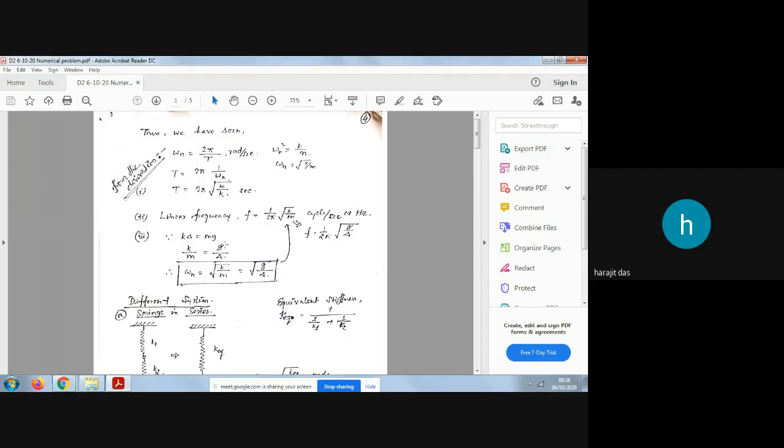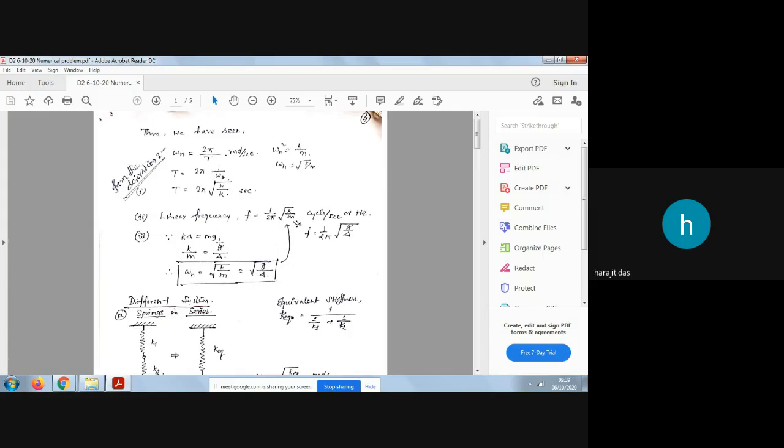So omega n equals under root k by m, or under root g by delta. Both are the same. You need to remember this expression for the semester and to solve the problems.